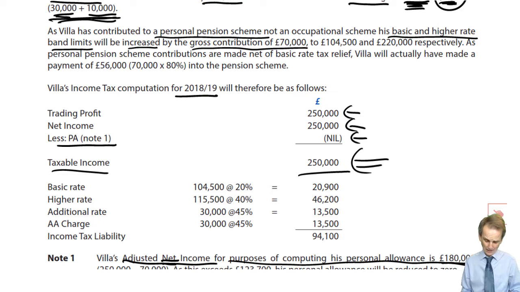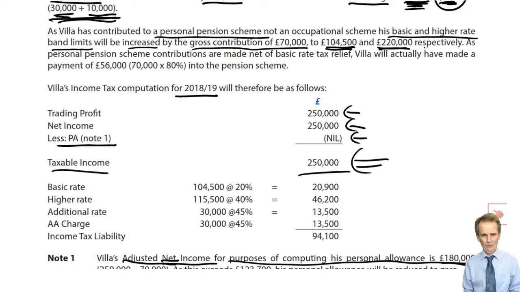So what would have been a basic rate band limit of 34,500 plus 70 is now taking us up to 104,500. What would have been a higher rate band limit of 150, again the standard figures on your rates and allowances page, add the 70 to the 150 and it's now up to 220.